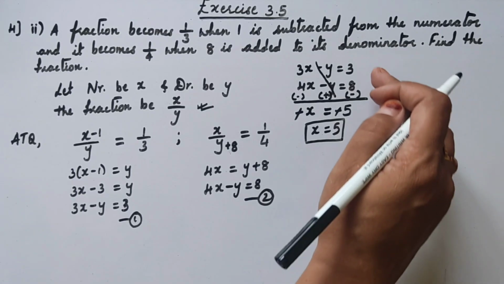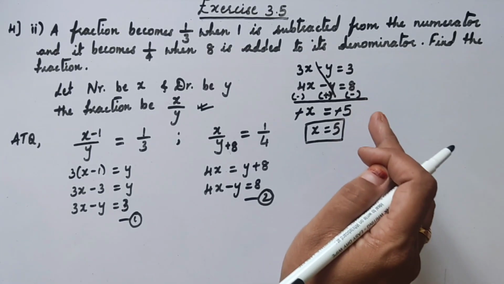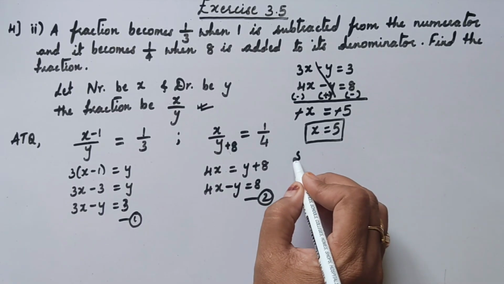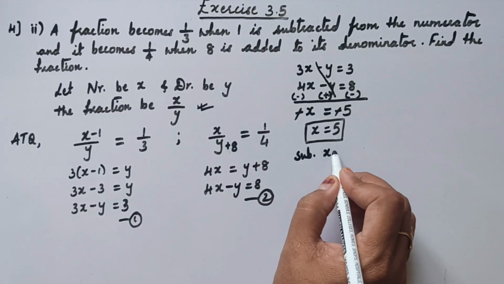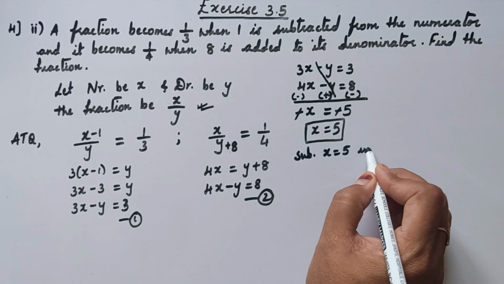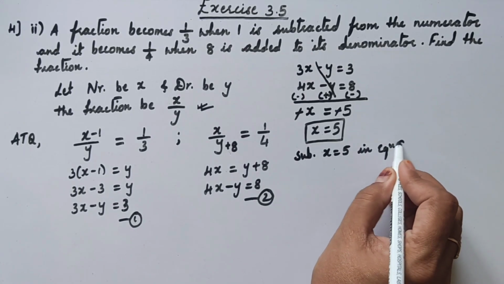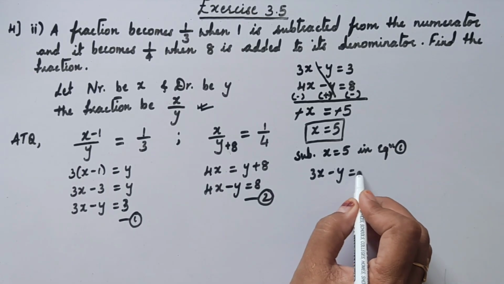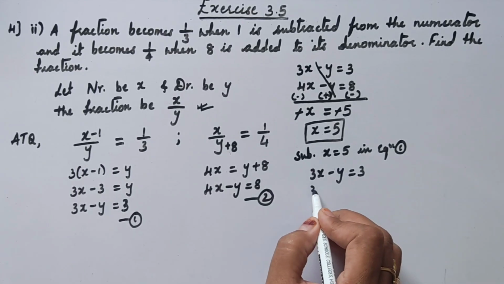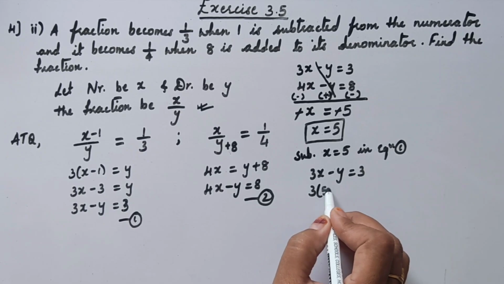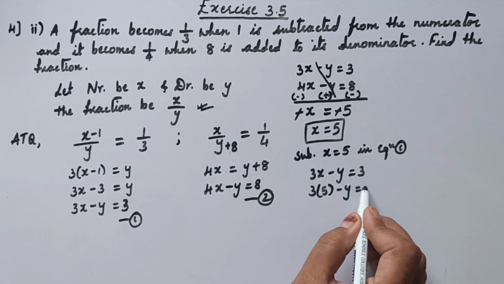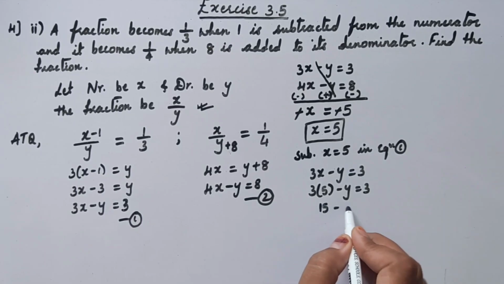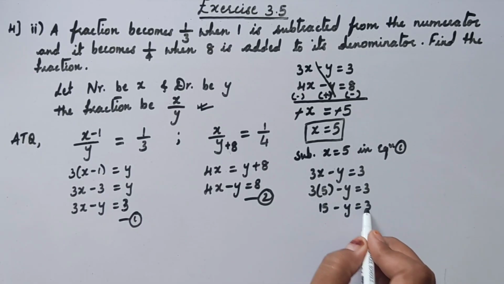Now let us substitute in any one of the equations, either 1 or 2, to get the value of y here. Substitute x equal to 5 in equation 1, that is 3x minus y equal to 3. So 3 into the x value 5 minus y equal to 3. Okay, 3 5s are 15 minus y equal to 3.